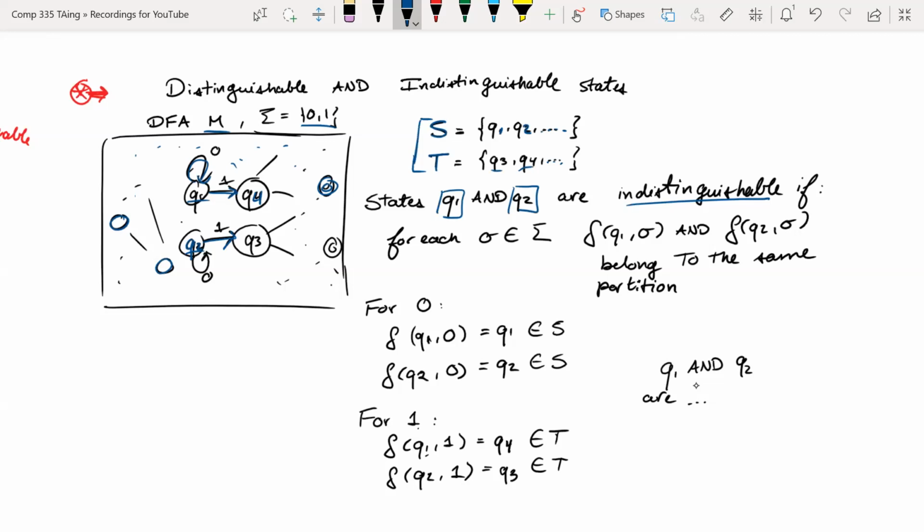So I need to know what partitions each of the states I'm focusing on belong to, for this indistinguishable, distinguishable idea to work. And when are states Q1 and Q2 indistinguishable?